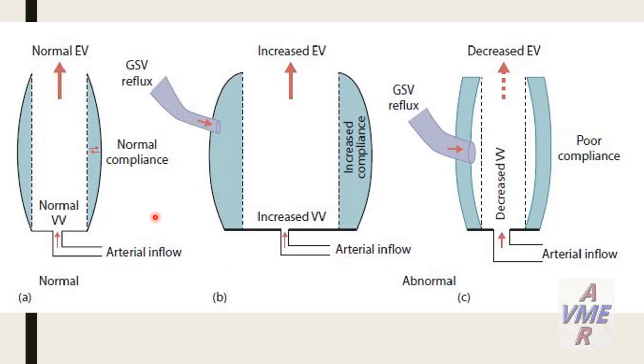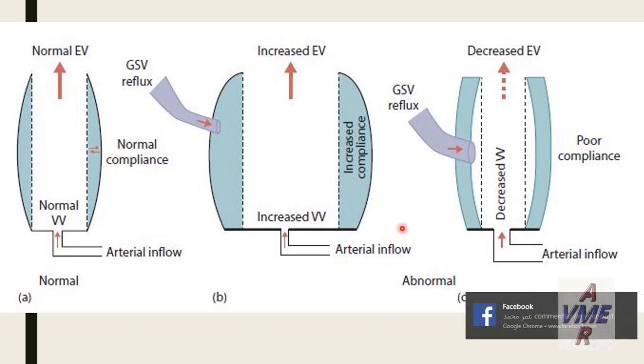Ambulatory venous pressure will be increased by defects at many points. This is the normal: we have arterial inflow, we have the muscle pump, we have refluxing or non-refluxing veins, and then outflow.